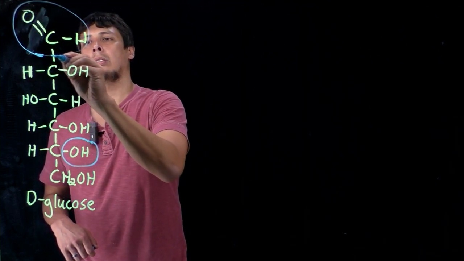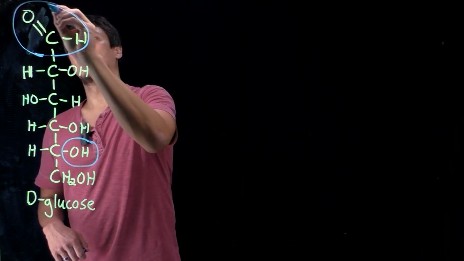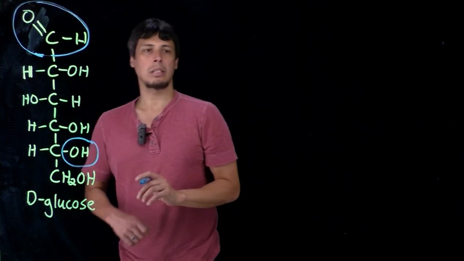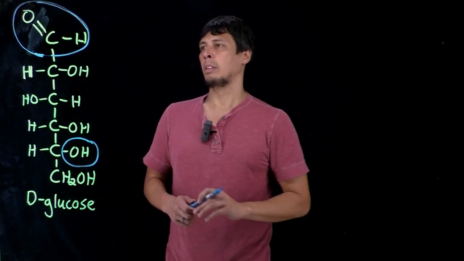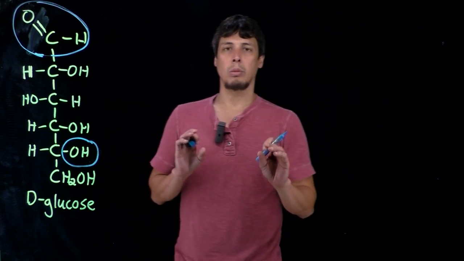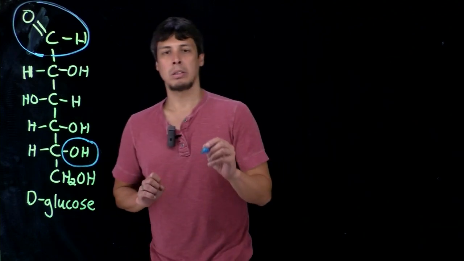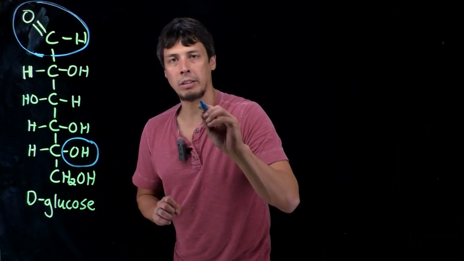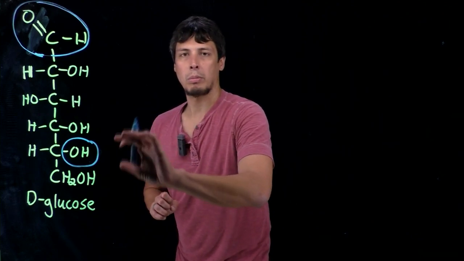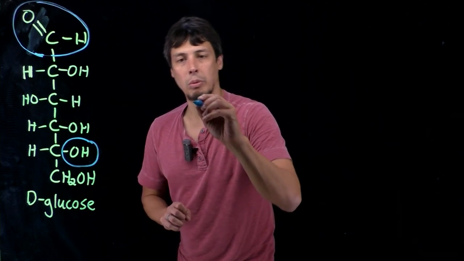And so recall, then you're going to form a hemiacetal from this reaction, and you're also going to get one of 2 stereoisomers in this. So the effect of this is that you're going to form a cyclized product, so you're going to form a ring.